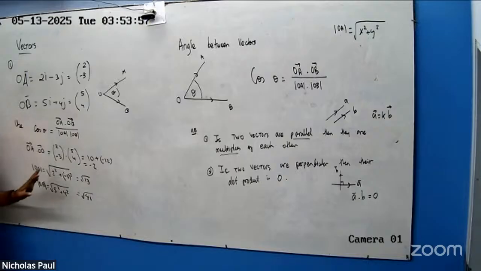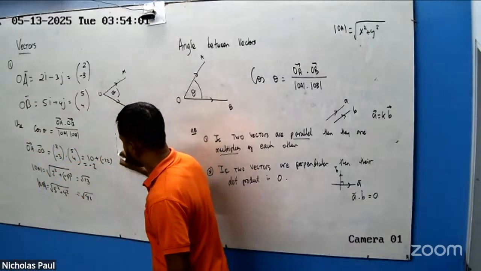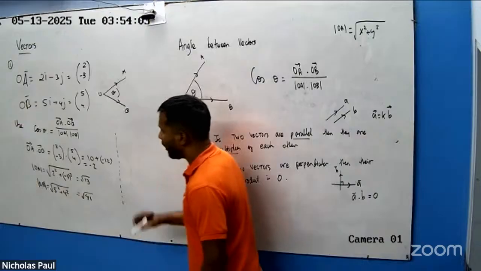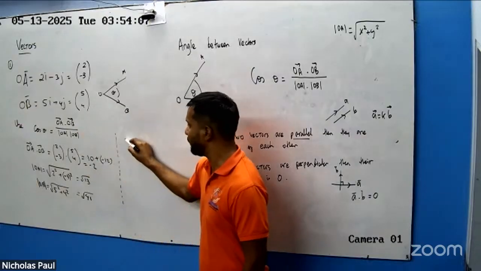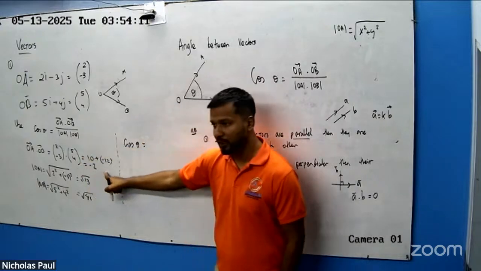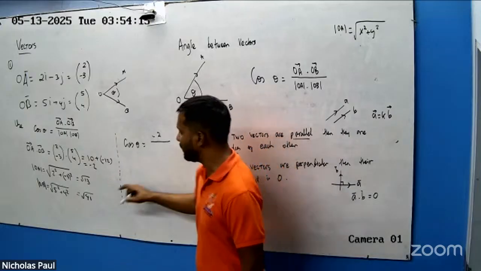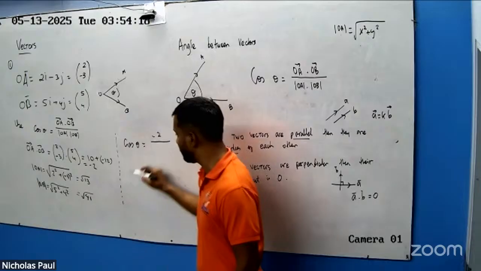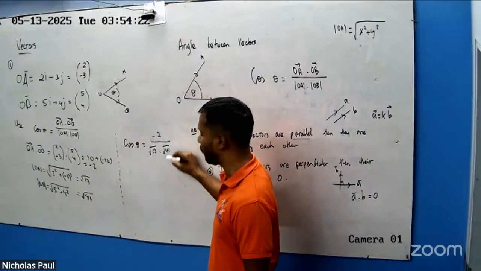Now let's take a look here. I'll let you write it down. Right now, all we have to do is take all these values and put them in here. So we will end up with cos theta being equal to the dot product, which is minus 2, over the product of their magnitudes. So that's root 13 multiplied by root 41.